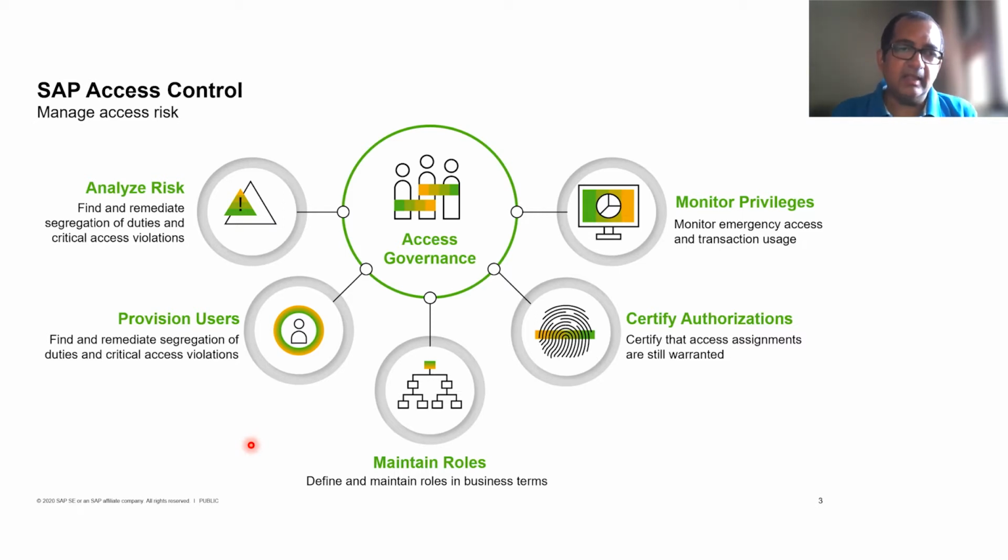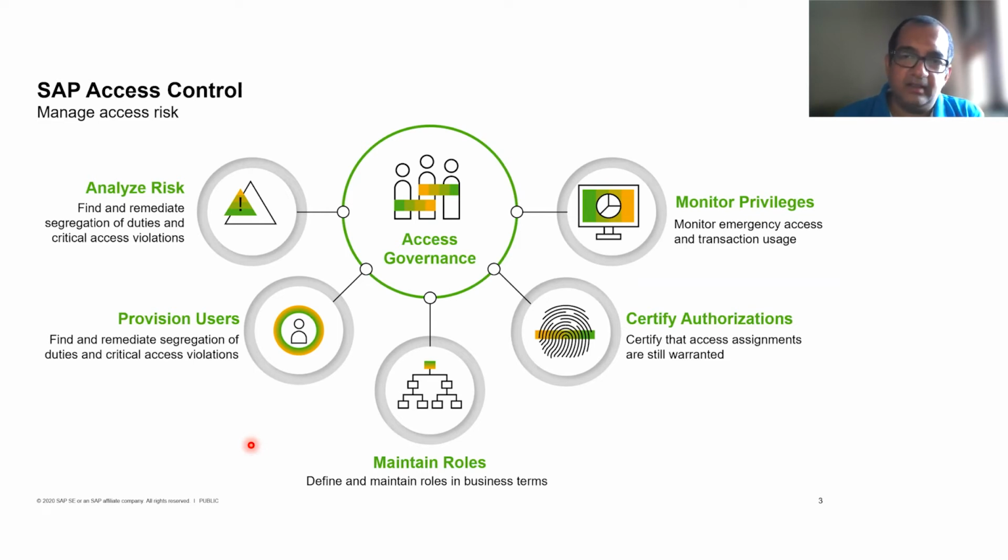The second one is in terms of the provisioning of the user. So we help you to streamline the end-to-end mechanism of how users get access to your SAP systems and how they get provisioned also. So including a self-service where people can themselves request for certain roles and certain authorizations, with all the pre-built inbuilt workflow mechanism for the approvals, right?